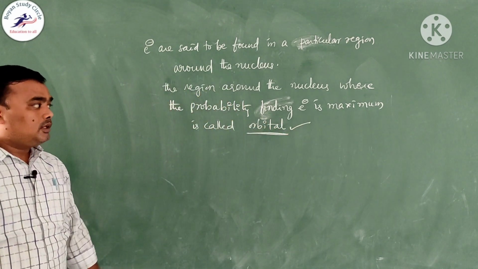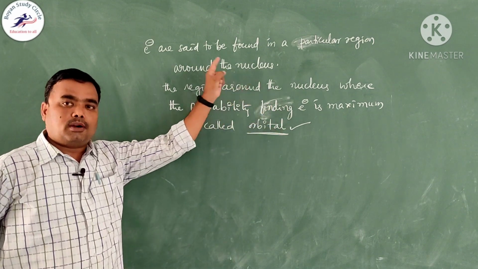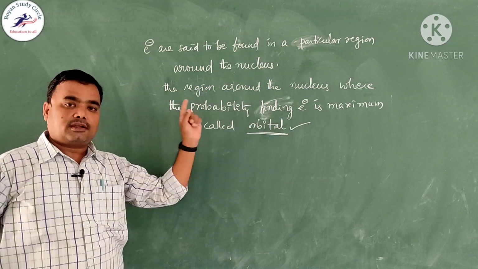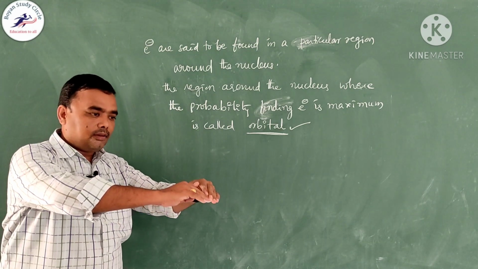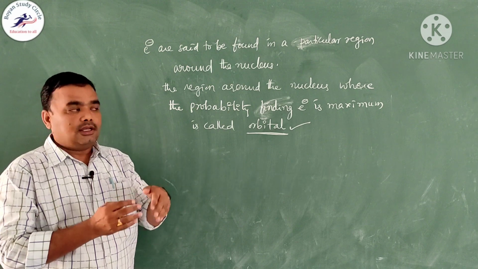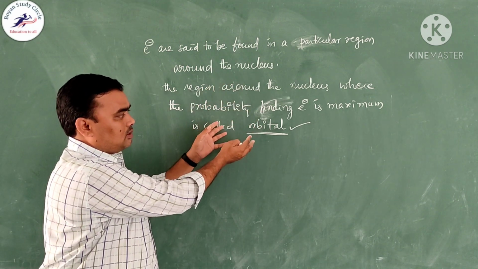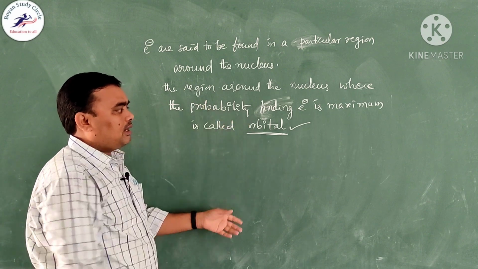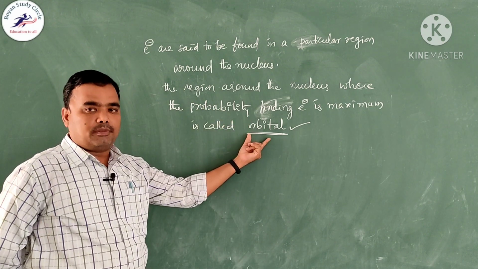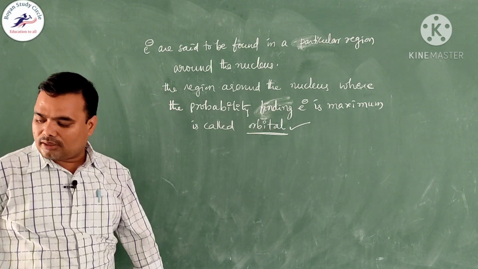That means there is no particular boundary for the position of the electron. It can probably be found in a space around the nucleus. So, that space or region around the nucleus where the probability of finding the electron is maximum is called an orbital. This orbital is introduced by the quantum mechanical model.